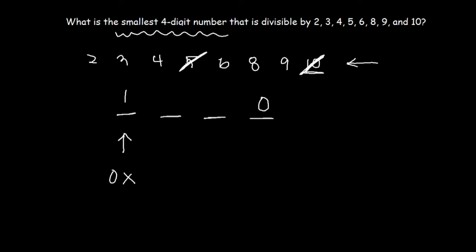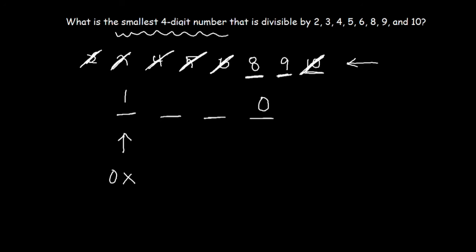We can also eliminate 2 and 3 and also 6 and also 4 because if we keep 8, that means the number is automatically going to be divisible by 2 and 4, which makes the number also divisible by 3 and 6. So the only qualification we really need to work with is 8, 9, and 10. The other 5 numbers at the beginning, we really don't need to focus on.